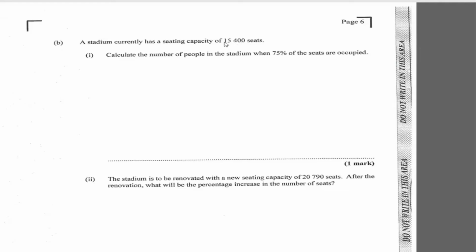When the stadium is at full capacity, it's 15,400. Now we need 75% of 15,400. So all we're going to find is 75 over 100 times 15,400. And that will tell us the number of people in the stadium at 75% capacity.